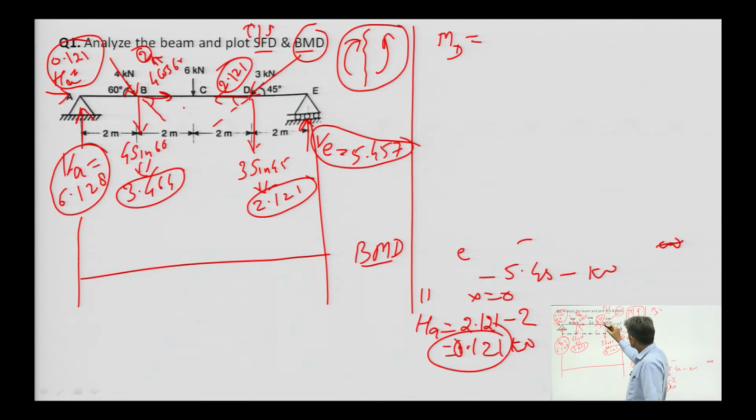So, we are considering this right side part. Anti-clockwise moment needs to be taken as positive. So, it is VE into this distance 2. The value of VE is 5.457, multiplied by 2. So, it is 10.914 kilonewton meter, and this is positive.